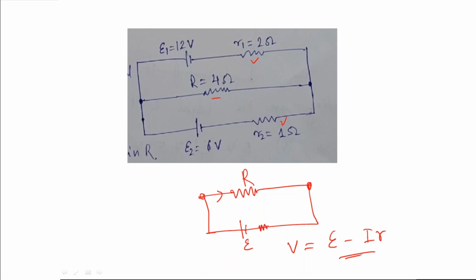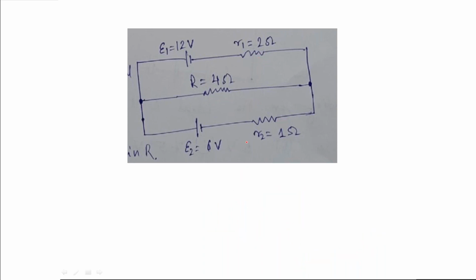So if you know the current through this circuit, then you will get the terminal potential as E minus this. Obviously there will be some internal resistance small r. So this will be actually your potential difference across the cell when there is an external resistance connected across the cell.